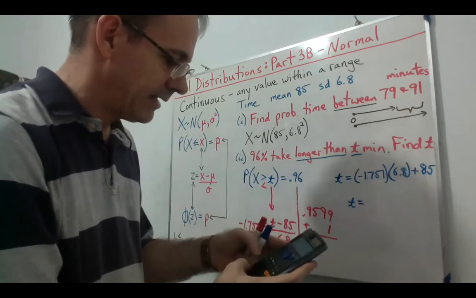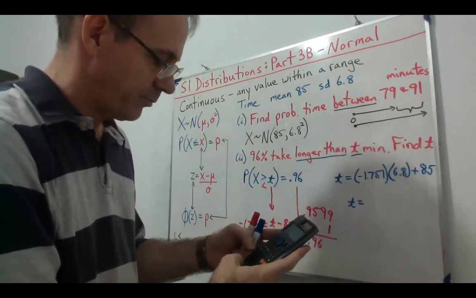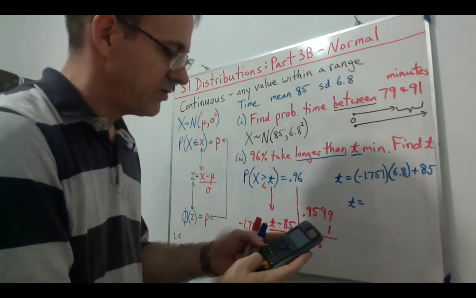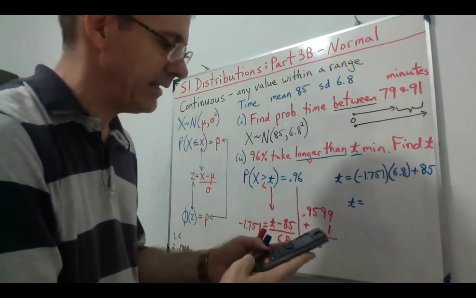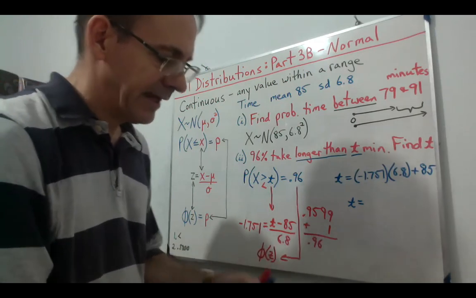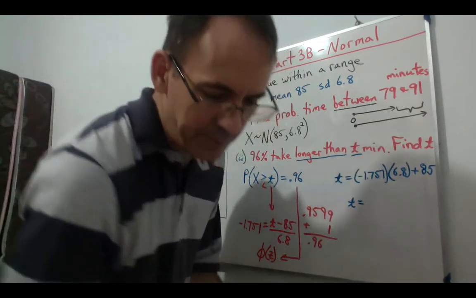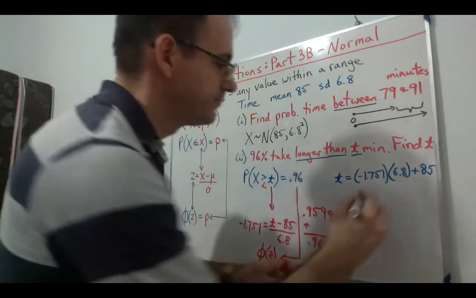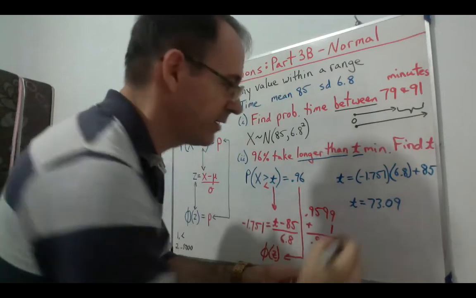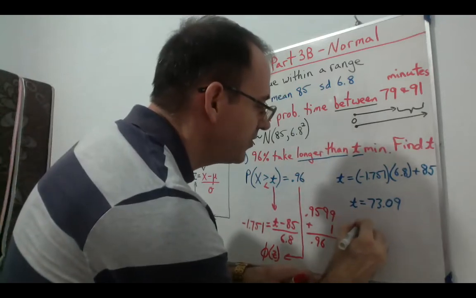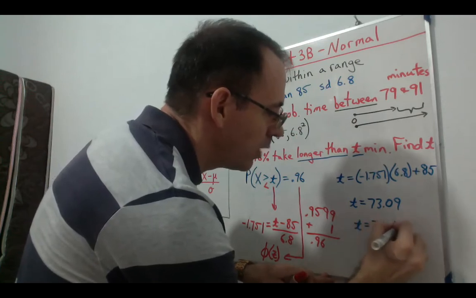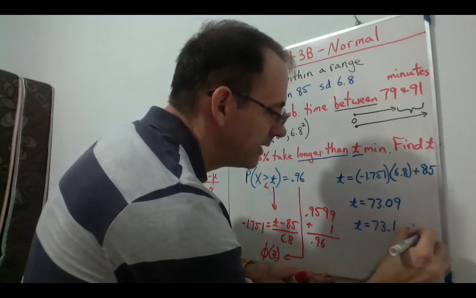A negative 1.751 times 6.8, and then add 85, and that gives us 73.09. We want 3 significant figures, so our t for our answer is going to be 73.10 minutes.